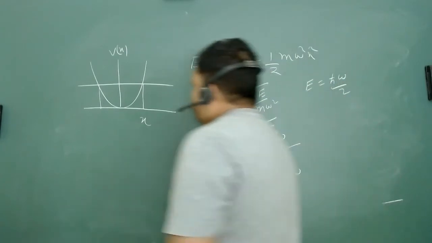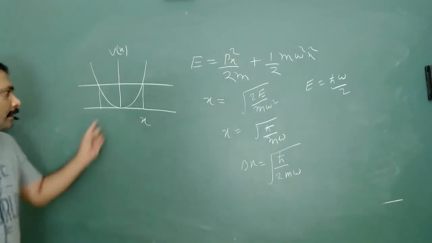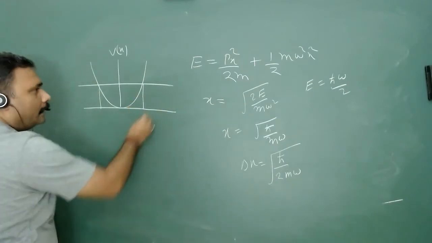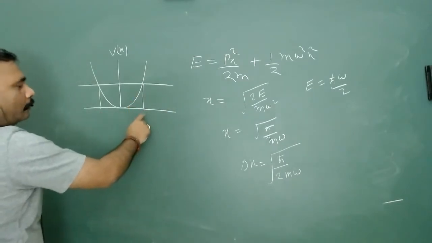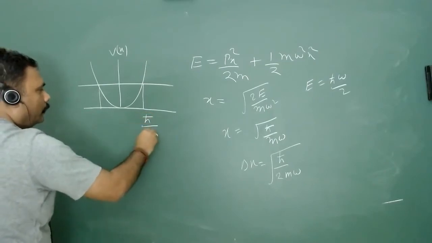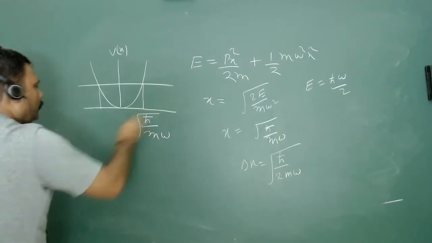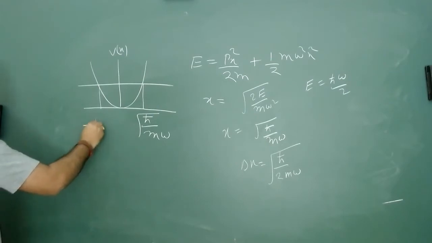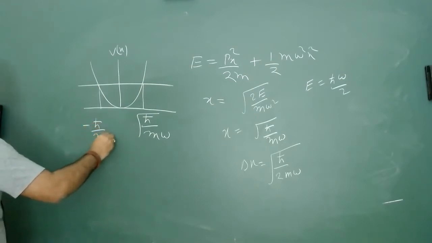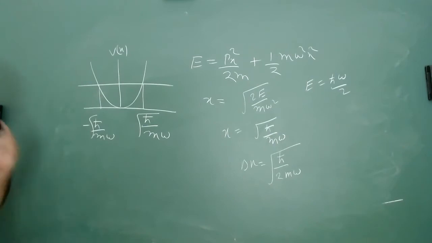So if you can see these points, the first point is root under h cut upon m omega, and this point is minus root under h cut upon m omega. We have two turning points.